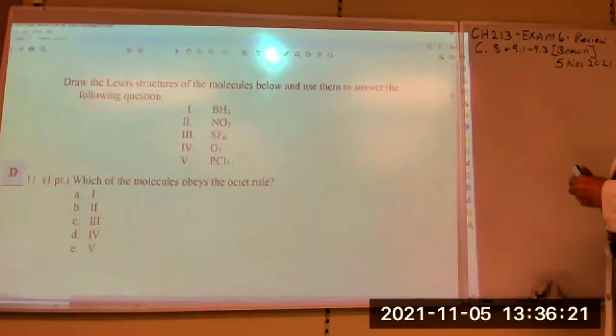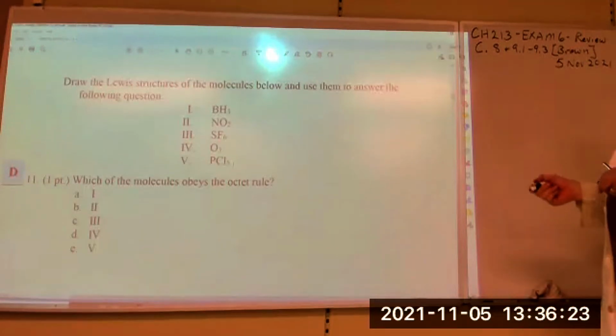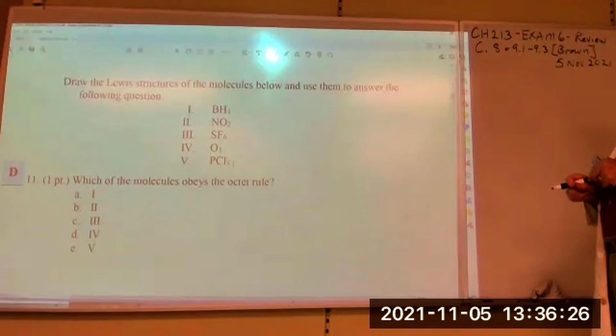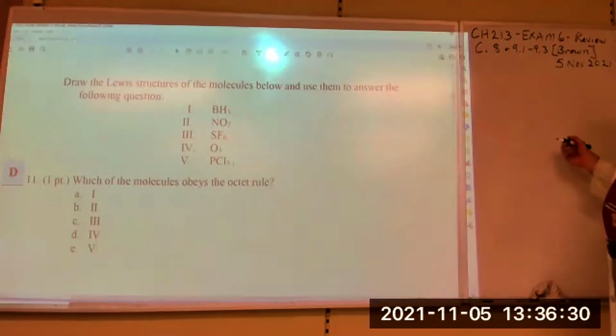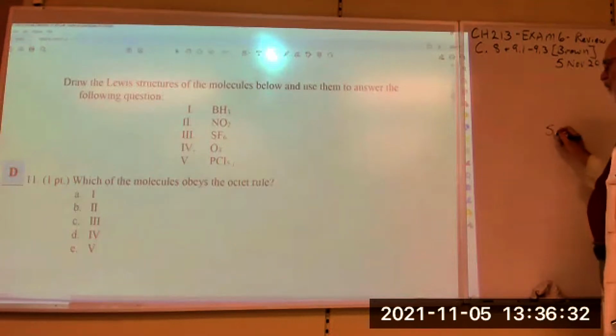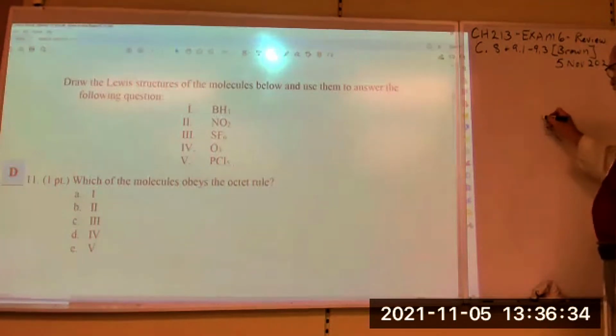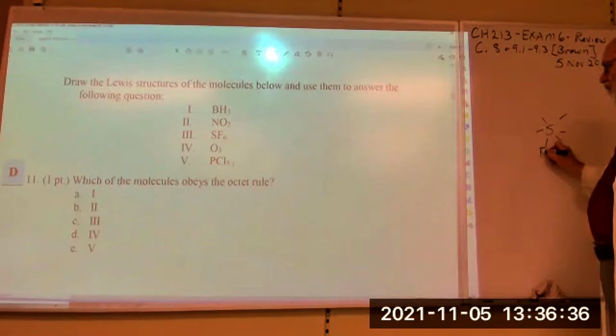Okay, so SF6 should exceed the octet. Remember when we drew that one in class? Sulfur, 6 fluorines.